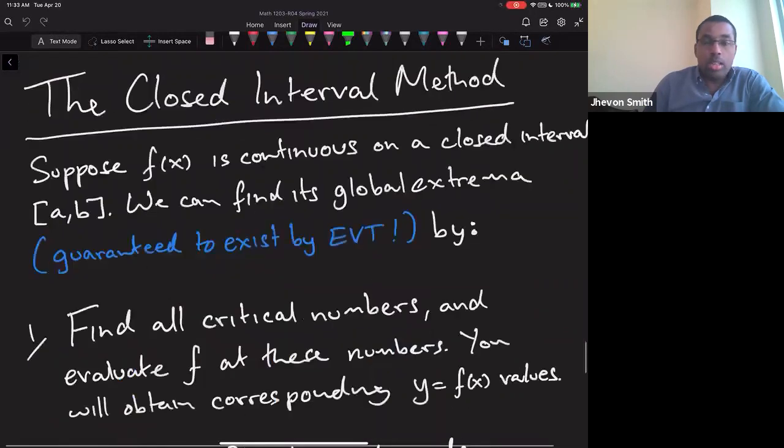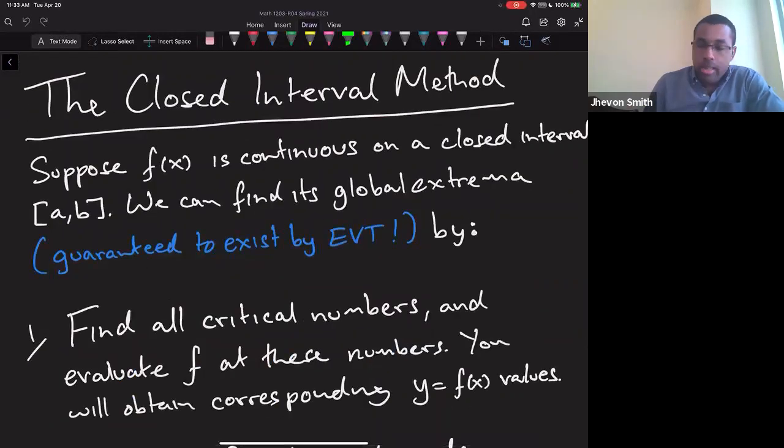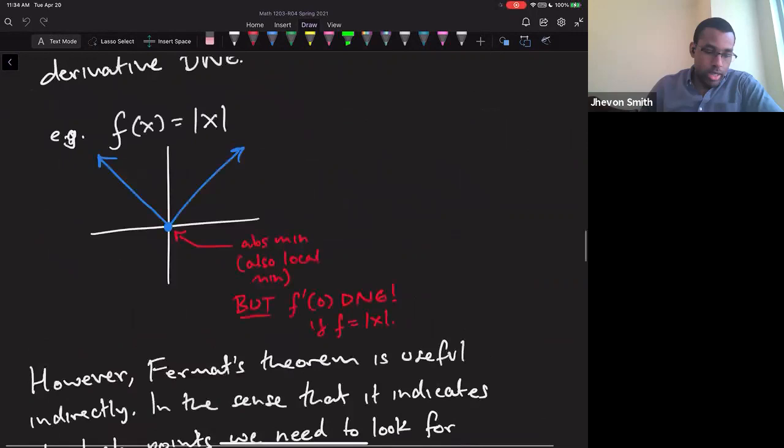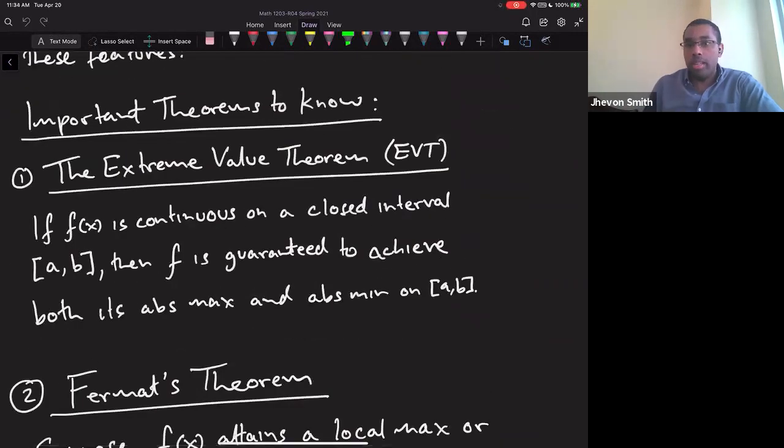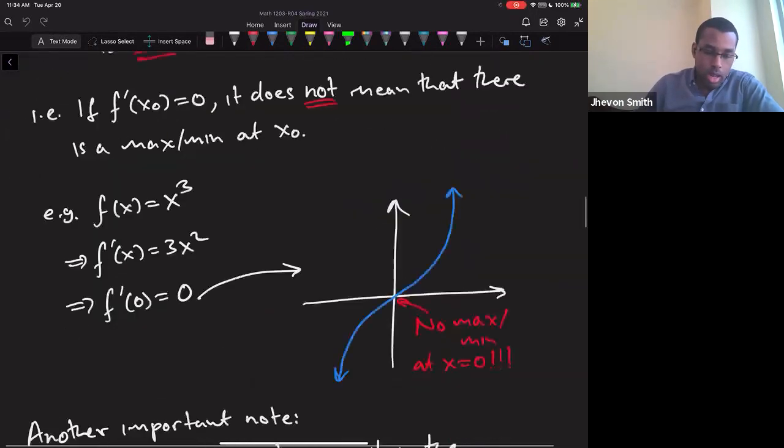And we looked at the closed interval method, how you can find the absolute maximum or minimum of a continuous function on a closed interval. Such values are guaranteed to exist by the extreme value theorem, which guarantees that if a function is continuous on a closed interval, it will have an absolute max and min on that interval.